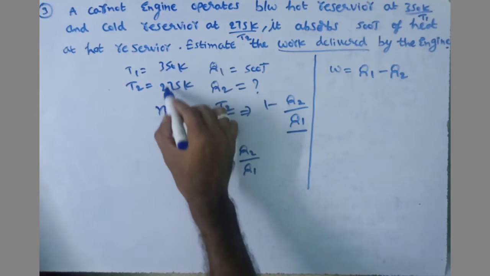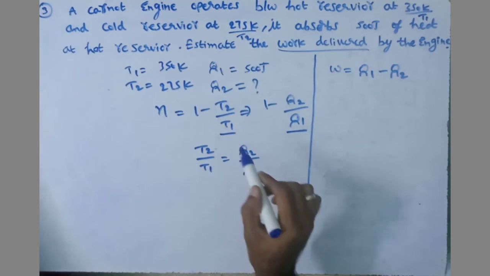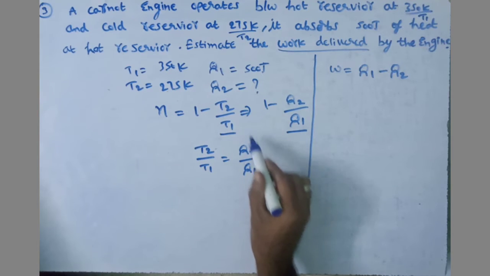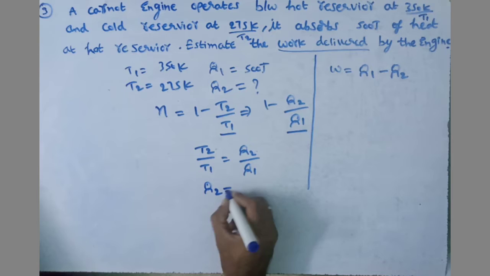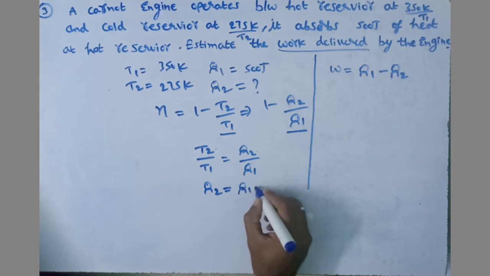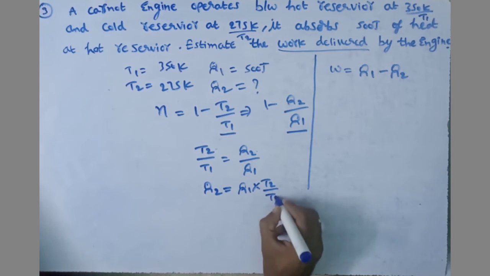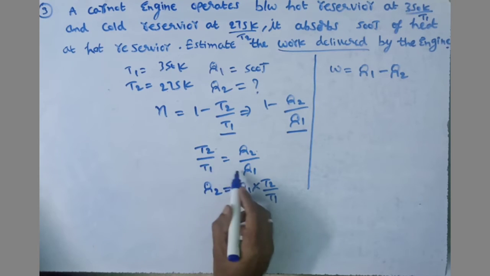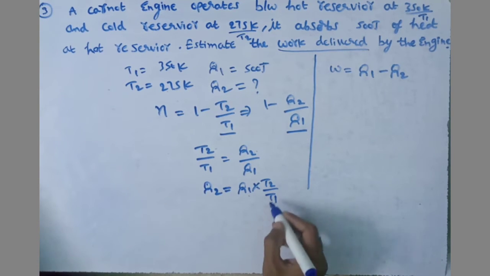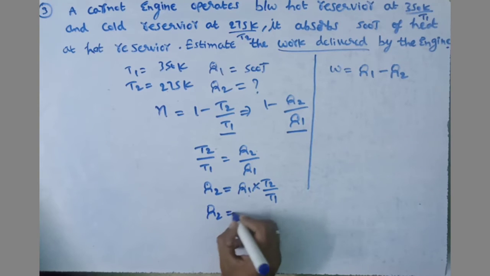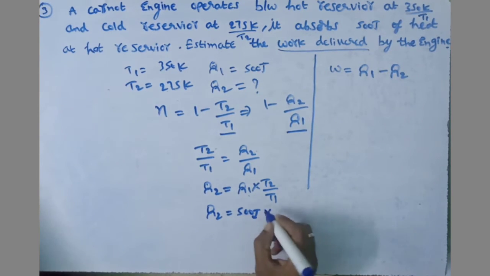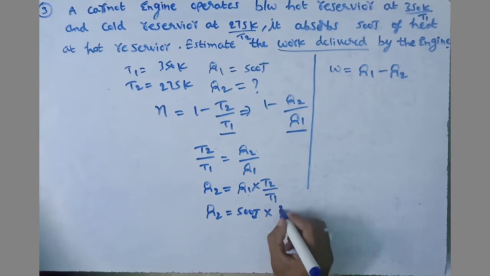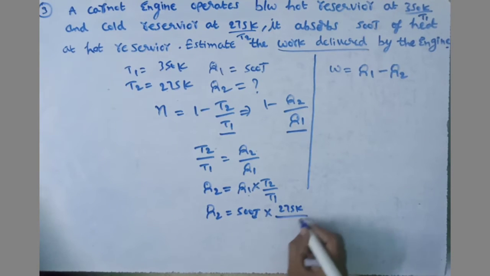We have three values, T1, T2 and Q1, so we can easily find Q2 by substituting. Q2 is equal to Q1 into T2 by T1. Substituting Q1 as 500 joules into T2, 275 kelvins, by 350 kelvins.